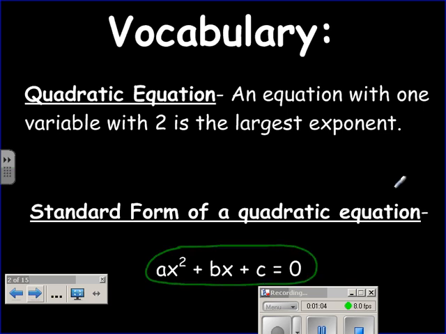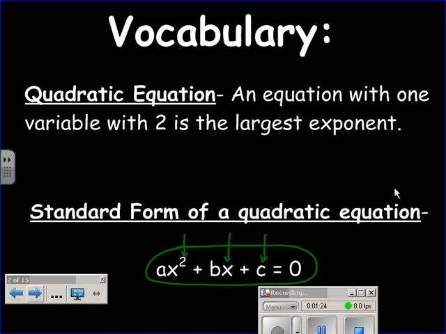Notice that I have my highest degree exponent right here with 2, followed by my x to the first power, and then the last number that is written is my constant, my c value. As you recall from previous lessons, a constant is a number that does not have a variable connected to it.